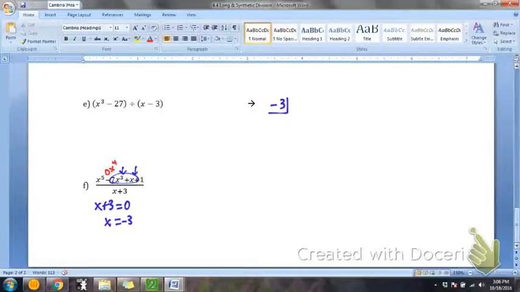Do I have the 0x squared? I don't have it, but I have to include it in the problem. So I'm going to use 0 as the placeholder for it. Because again, 0 times anything is just 0, so it's not really there. But we're going to use 0 to hold the place for it. Okay, if you think you can do it, go ahead and start it.